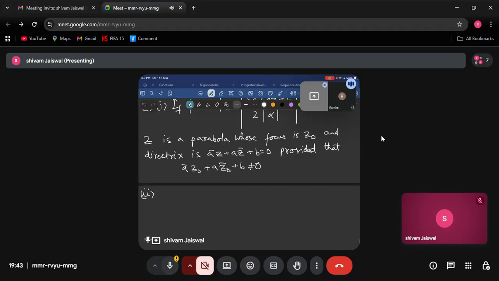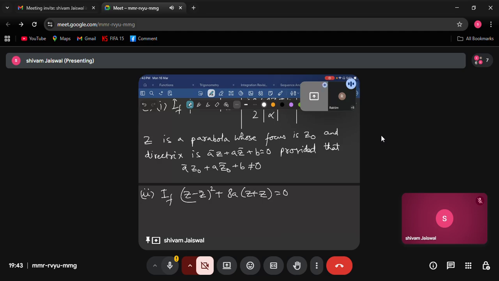Next, number 2. Identify and tell me: if (z minus z bar) whole square plus 8a into (z plus z bar) is equal to 0, what does it represent? What is z minus z bar in the Cartesian plane?